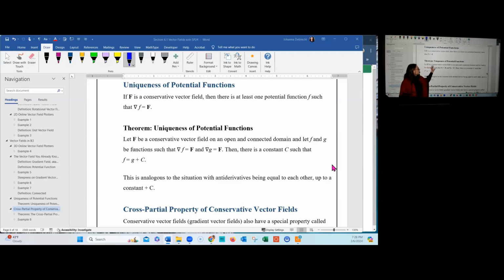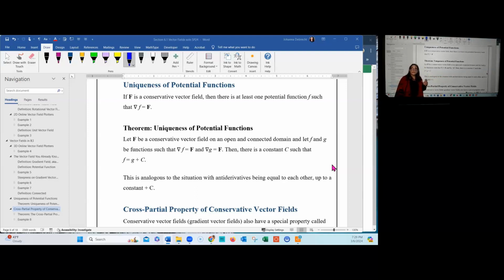If we have a conservative vector field on an open and connected domain, meaning you can get from point 1 to point 2 without leaving the domain, and you let f and g, lowercase, be two potential functions of the vector field, then there is a constant c such that f is equal to g plus the constant.